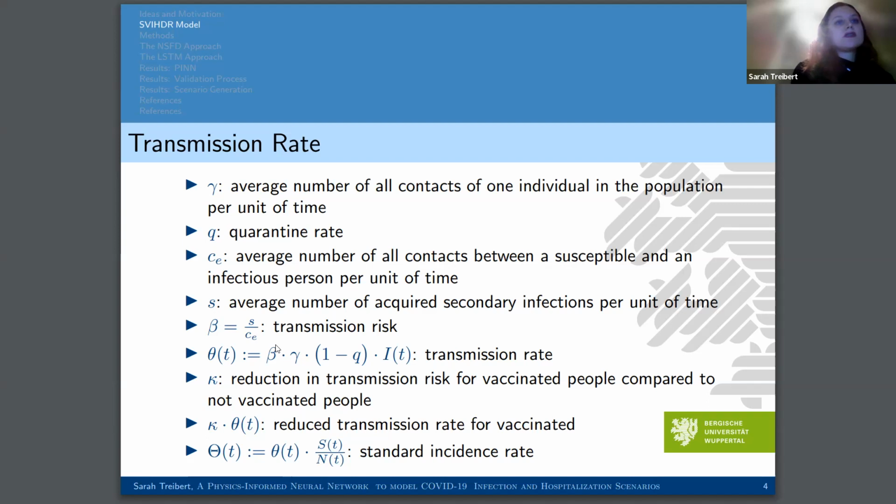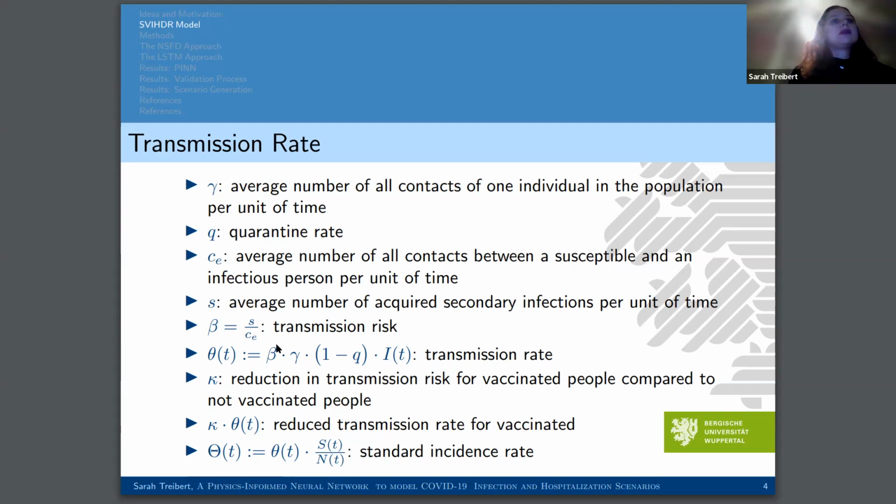The time dependence of the transmission risk is, I think, debated as well, because the clearest time dependence can be seen with respect to the difference between summer and winter, because the virus seems to be more transmissible in winter than in summer, for example.